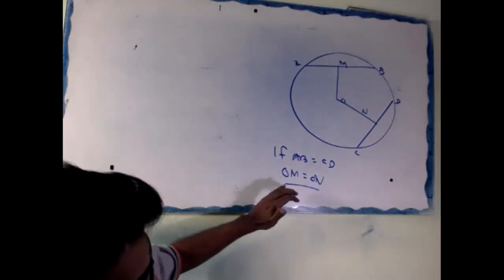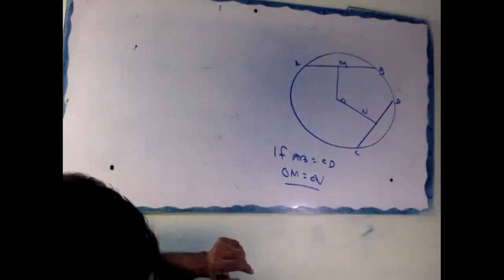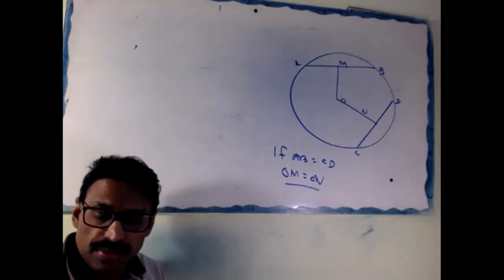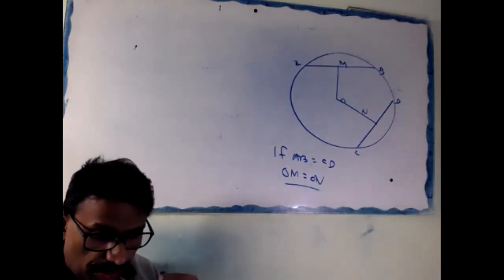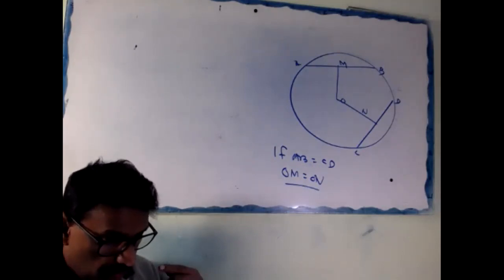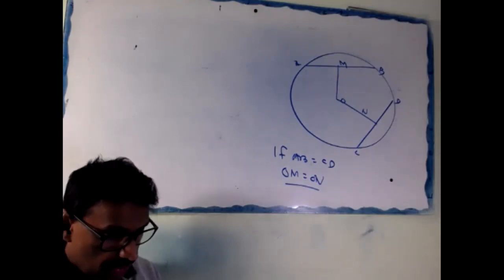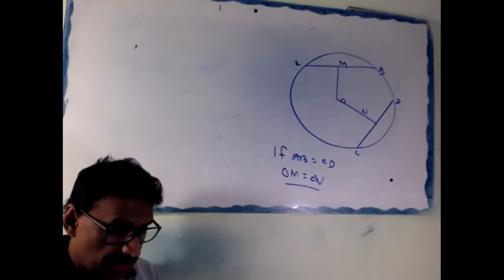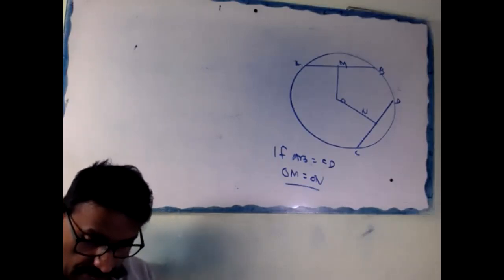The converse is: if OM equal to ON, then AB equal to CD. Write that one. That is also right. That means equal chords are equal distance from the center.